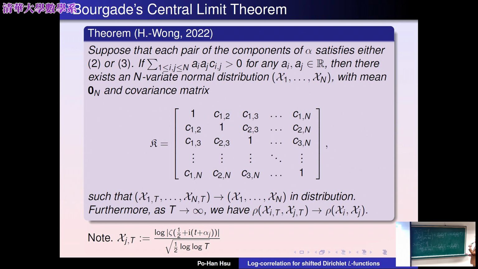Okay, looks sophisticated. And here I want to remind us, for probability people, if you have a random variable converging in distribution to another random variable, this doesn't mean the corresponding correlation will converge.